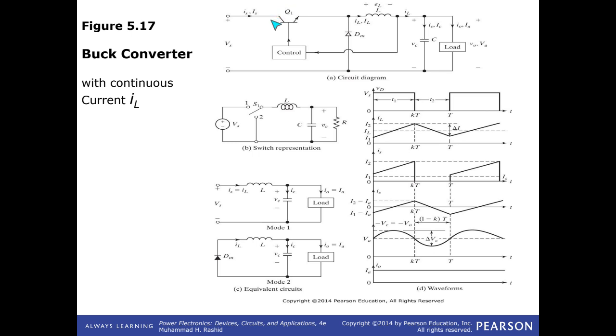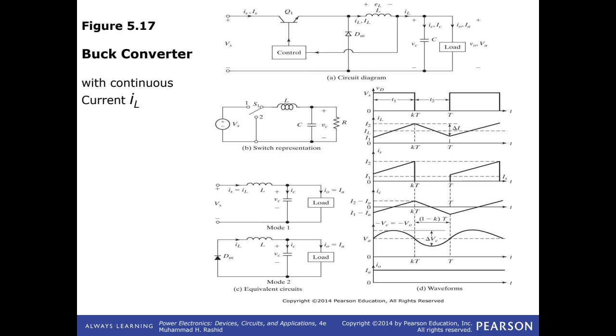Let's put it on now. If that switch is on, then what's going to happen here? Switch is on. We have a DC source here. Then current is going to flow.